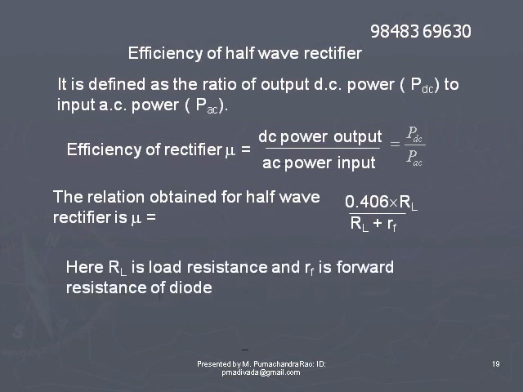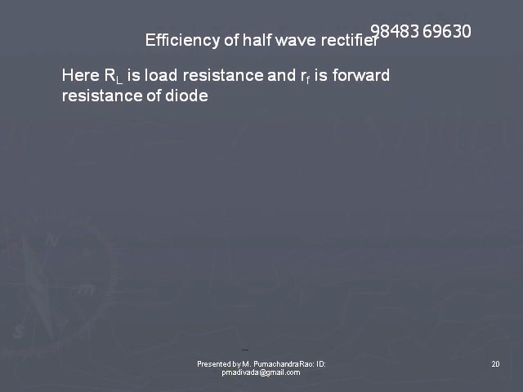Here RL represents the load resistance and RF is the forward biased resistance of a diode, the resistance of a diode in forward bias. RL is load resistance. Here in a half wave rectifier only 40.6% of the input power is rectified. Only 40.6% of the input power is rectified in a half wave rectifier.